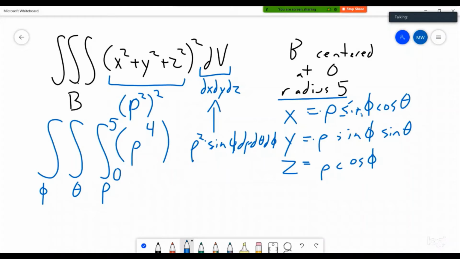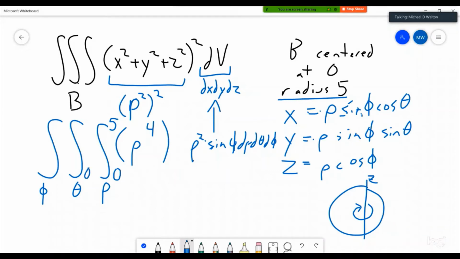If we were to draw the sphere, where this is our z-axis, theta measures the distance going around the axis, so we want the full 2 pi to get all of it.